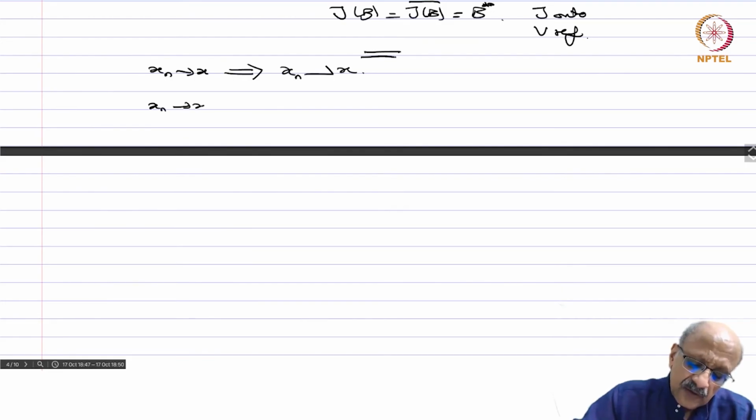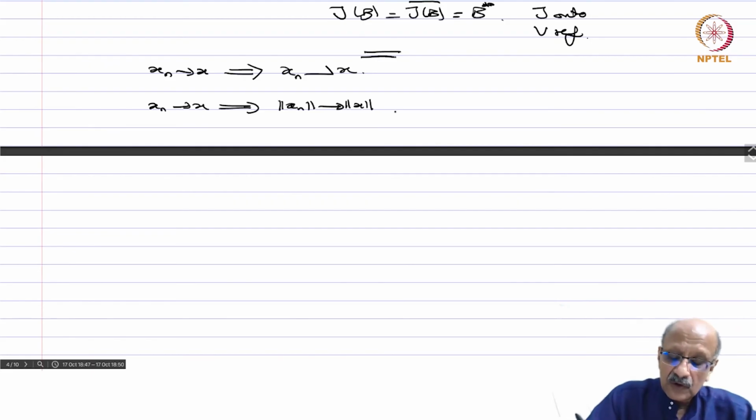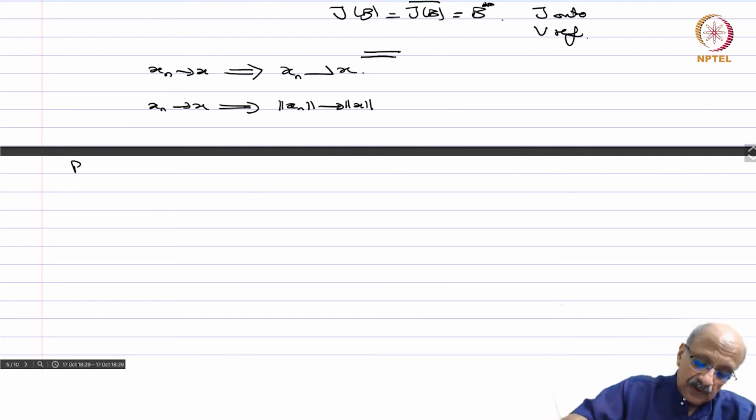Okay, so xn converges to x in norm implies, by continuity of the norm, norm xn goes to norm x. And obviously this converse is also not true. You can have any set of vectors with norm xn going to norm x, but that does not mean that xn should go to x. But if you combine these two relationships, namely if you have weak convergence and the convergence of the norm, then it means convergence in the norm. Okay, and provided you are in a uniformly convex space. So, proposition.